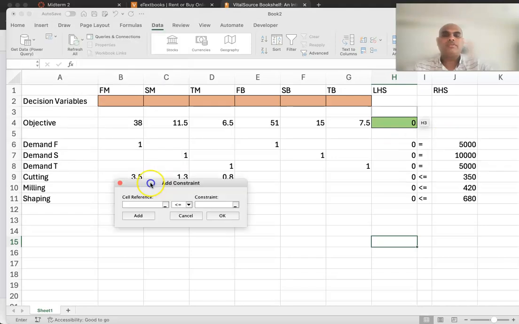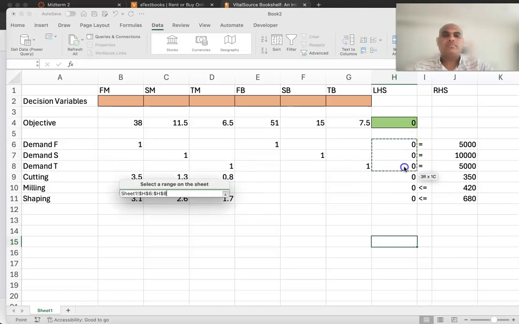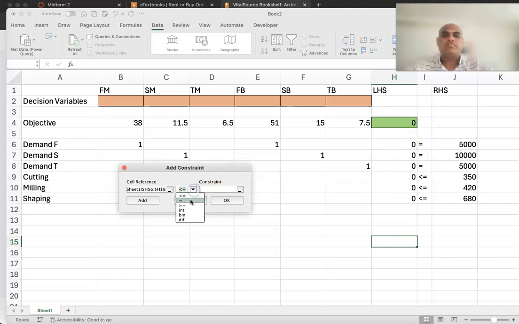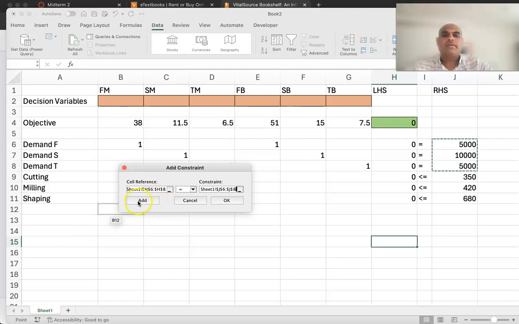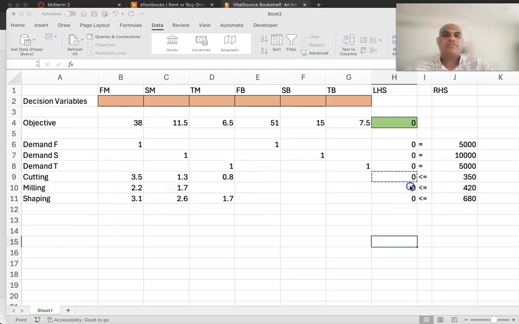Three equal to constraints first. Add 3 less than or equal to constraints.